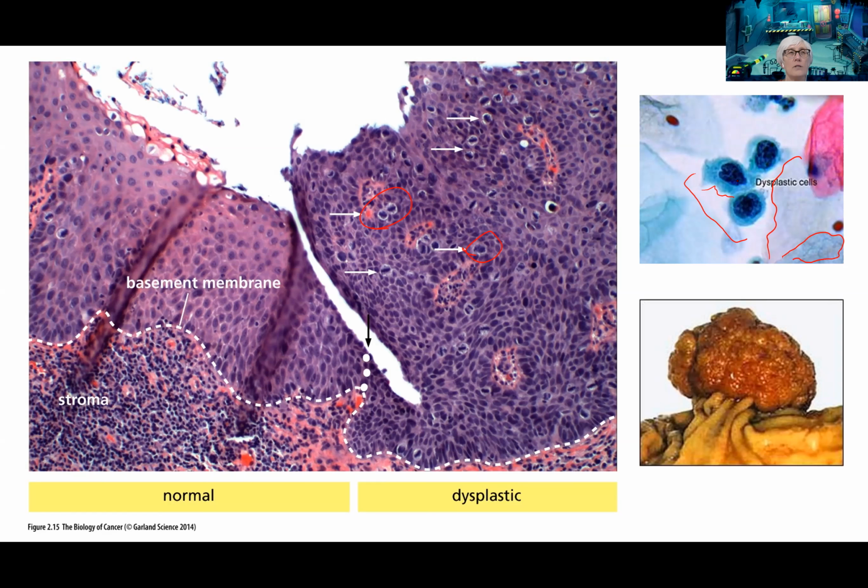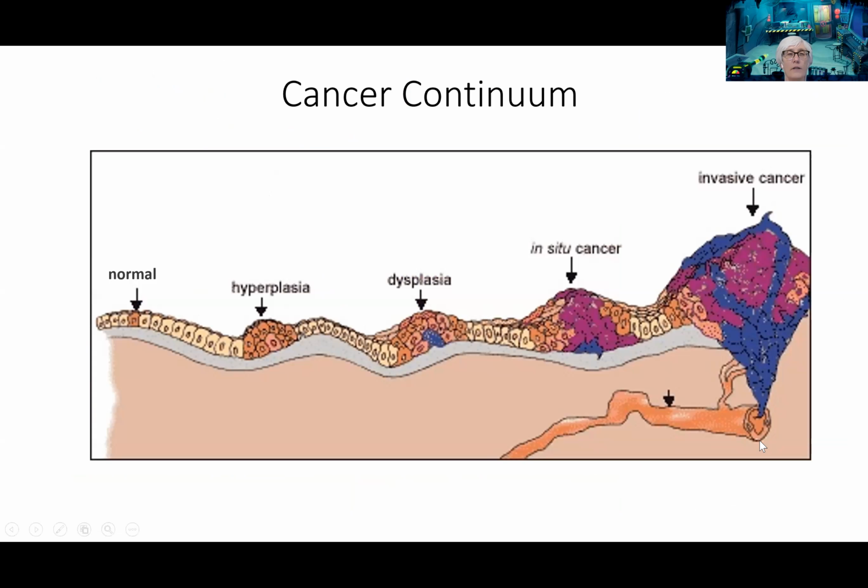And I just want to reiterate that dysplasia is often categorized as a precancerous condition. The next step along the continuum is cancer, in situ cancer. So in situ means in place, right? So this is non-disseminated cancer, but this is a malignant condition.